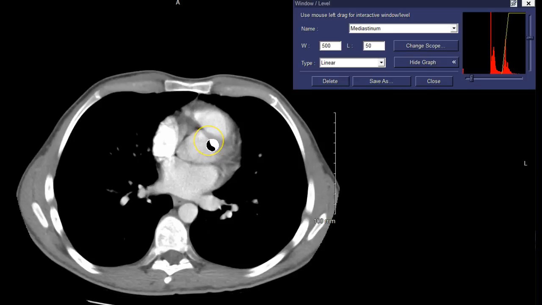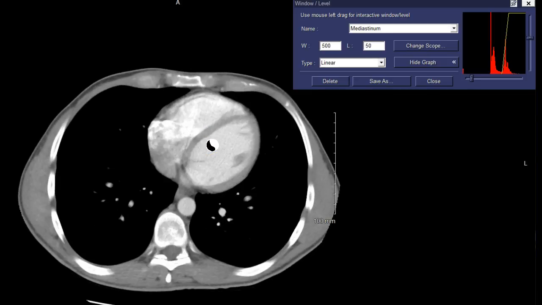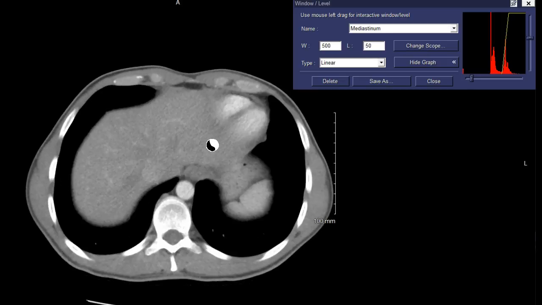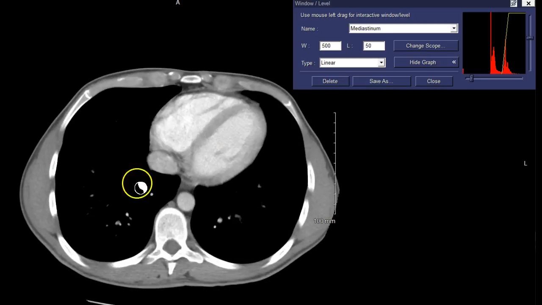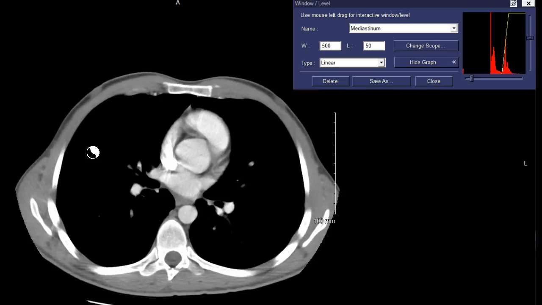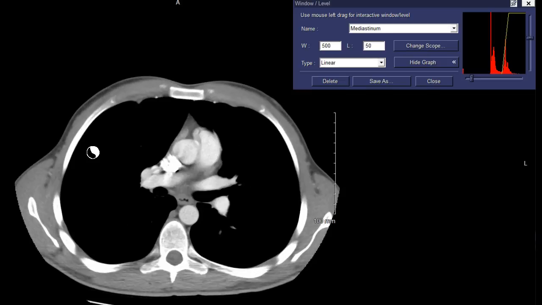They're all nicely visualized within this particular window and level. But what's not visualized well are the structures of the lungs. We can see some, but there's a lot of blackness, because our level is not set appropriately.